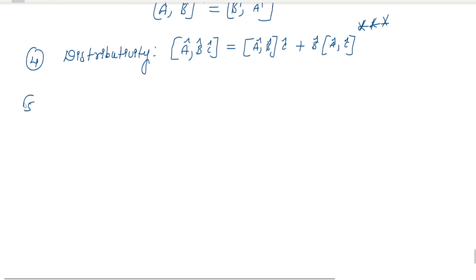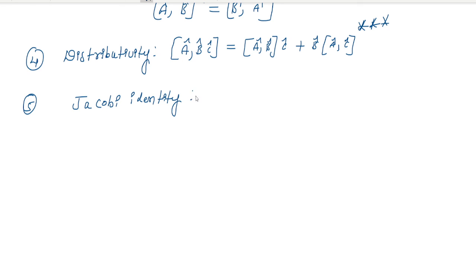Next, the fifth one is the Jacobi identity. It is there even in classical mechanics also. Proof of this Jacobi identity in bracket notation is very important.